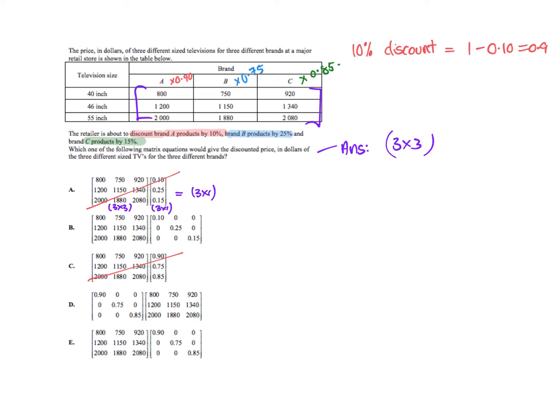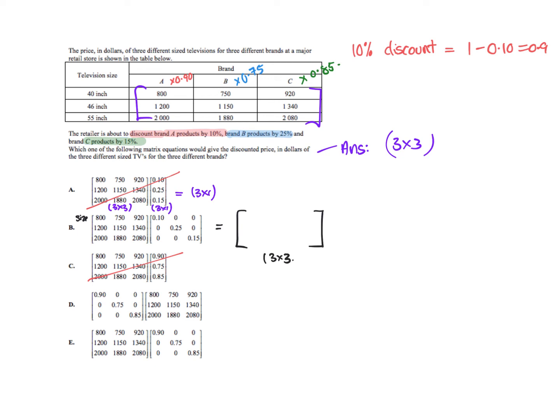So if you have a look, when you multiply this out, you can see here this is the sizing along here and the brands along the top. I would have a 3 by 3 answer here.